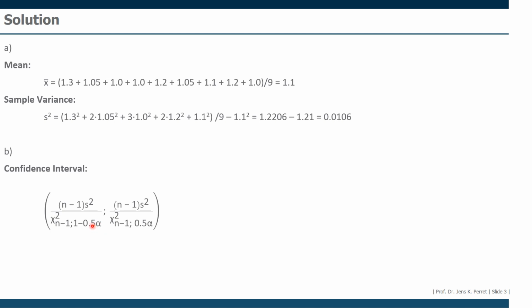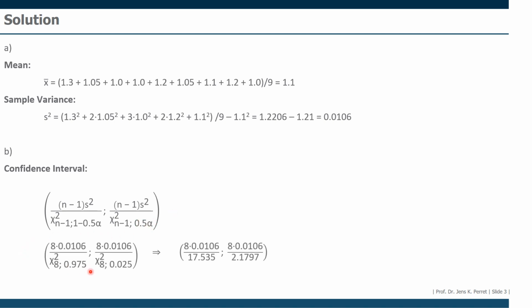We have a 95% confidence interval, so we have a margin of error of 5%. So we're going to calculate 1 minus 1/2 times 0.05. Here we have 8, 1/2 times 0.05, so 0.025. That's actually the part here.